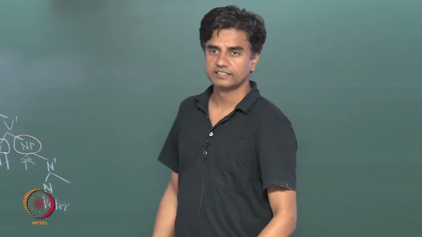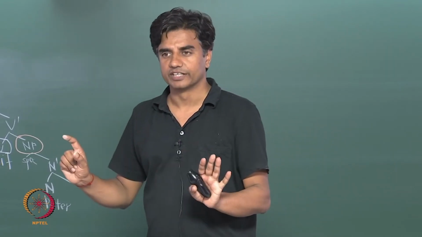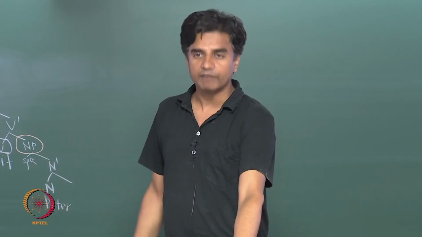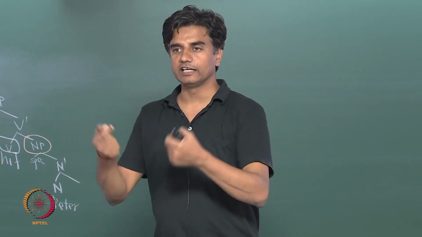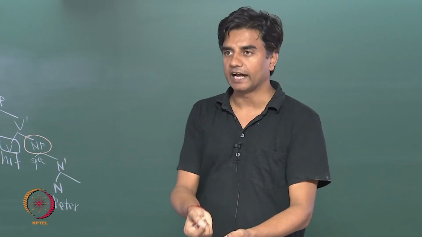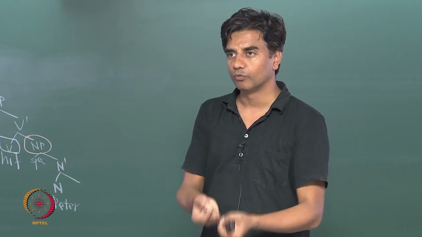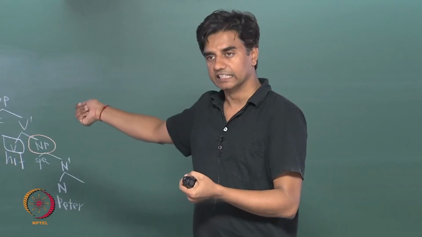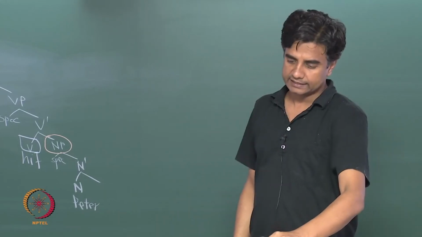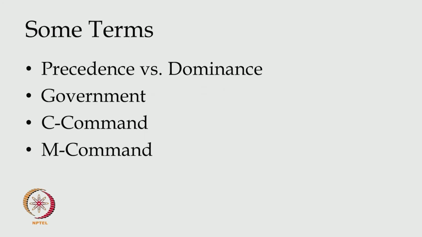Precedence and dominance are simple terms. They do not have much meaning in that. Government, in day-to-day language, we understand something else. We need to add a specific meaning to that. What we mean by government in terms of a structure and a sentence, we'll talk about that. And then C command, the term means constituent command.